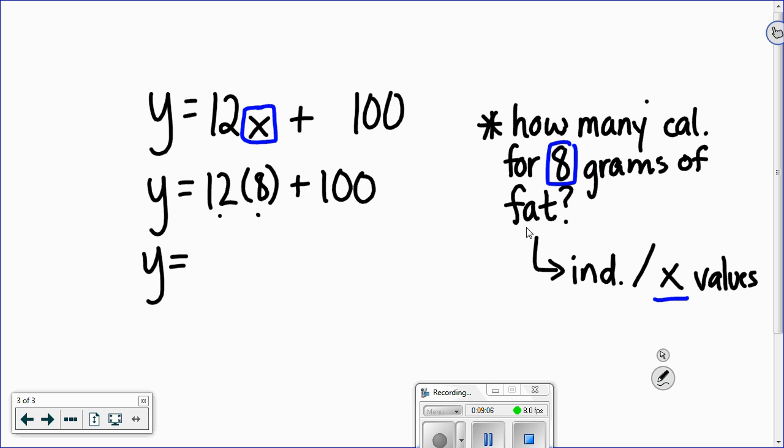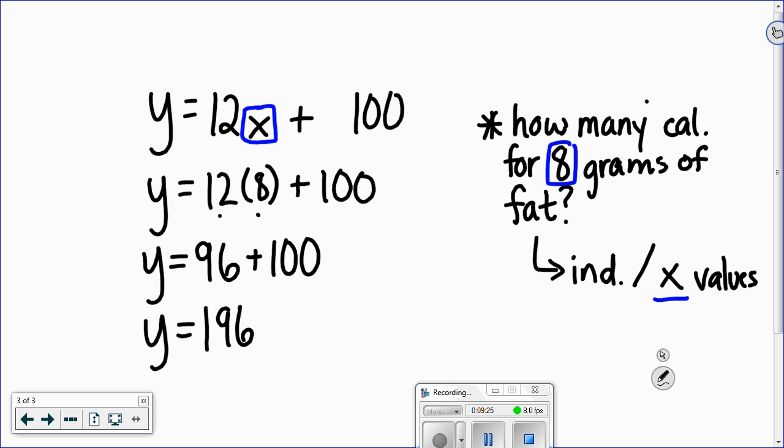Let's break this down. 10 times 8 is 80. 2 times 8 is 16. So 80 and 16 is 96, plus 100. So it appears that if there are 8 grams of fat in my burger, then I have 196 calories.